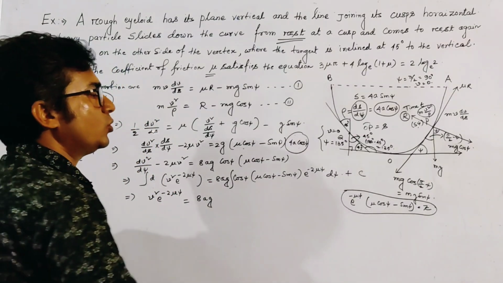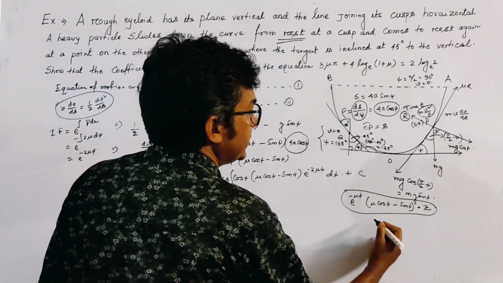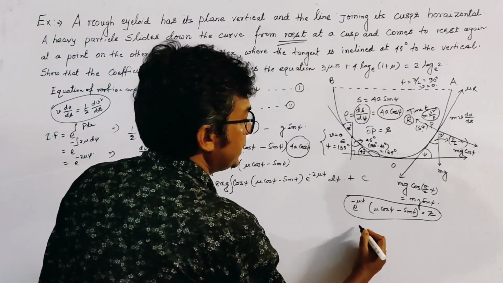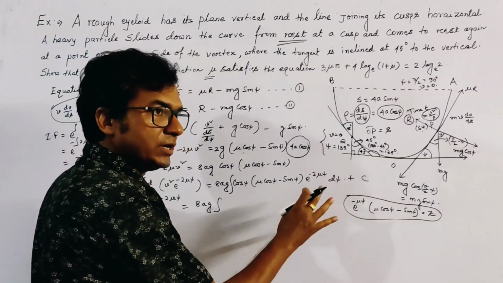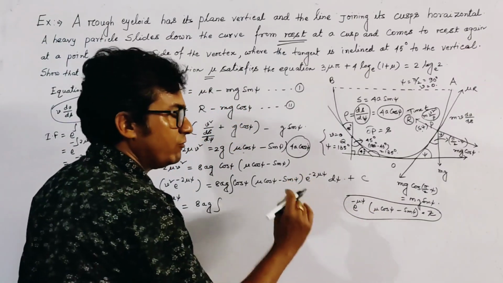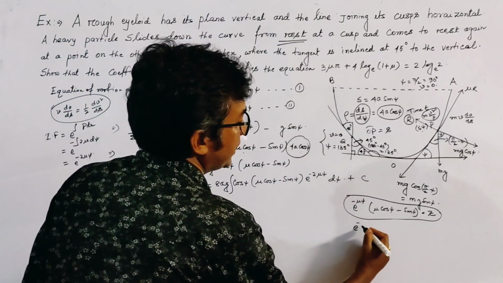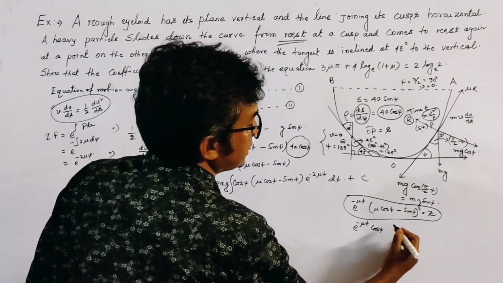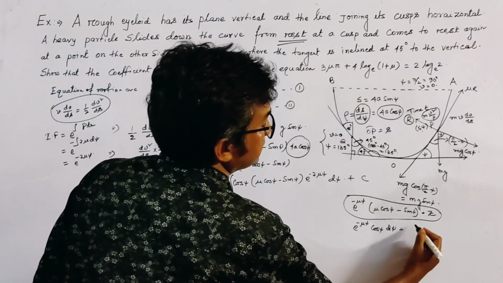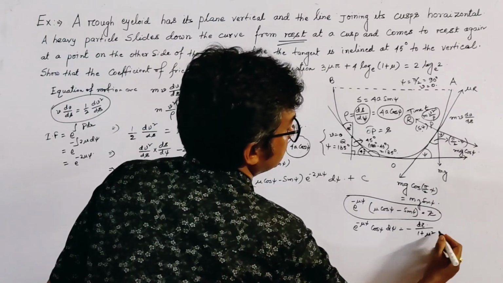So by differentiating this term, we write directly the substitution without any derivation, to reduce the length of the video: e to the power minus mu psi into cos psi into d psi is equal to minus dz by 1 plus mu square.